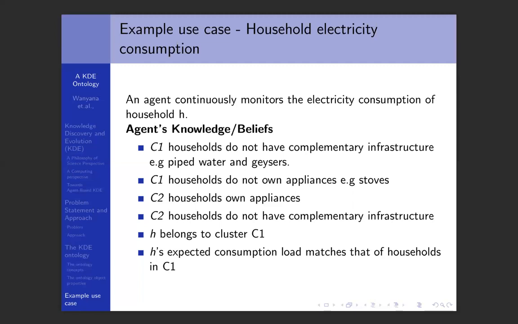And then it knows that cluster 2 households own appliances, but they also do not have complementary infrastructure. It also knows that the household that it's monitoring belongs to cluster 1, and its expected consumption should match the households in cluster 1. This is a reduced example that we draw from work that was done by Webka and from a paper that was published recently by Webka and Moodley.